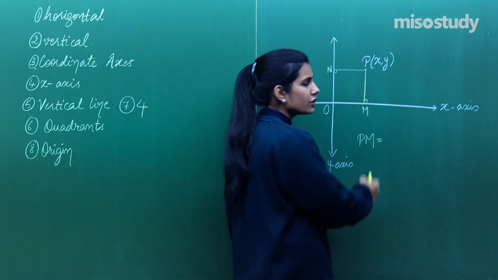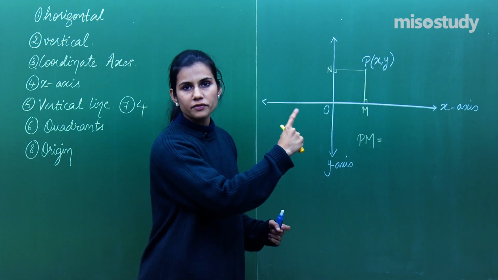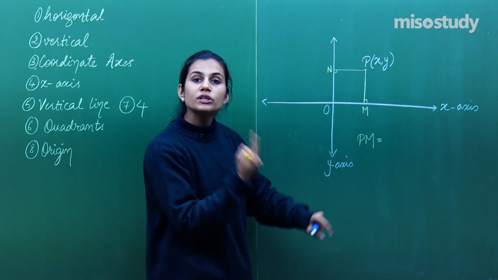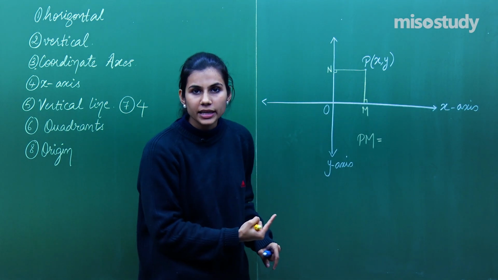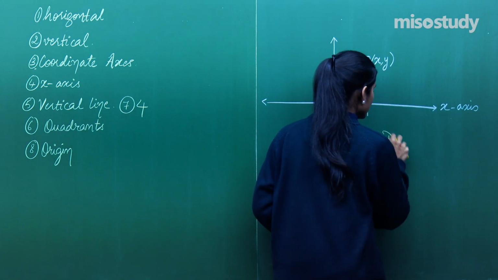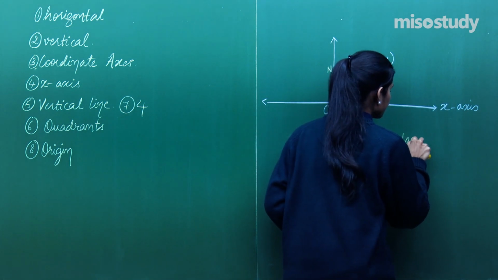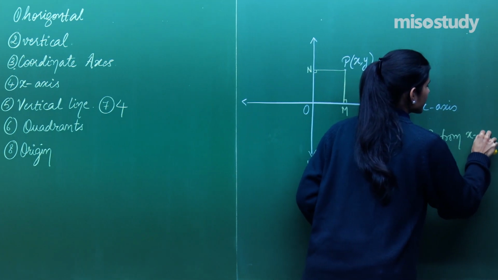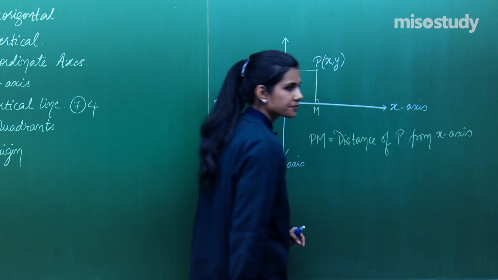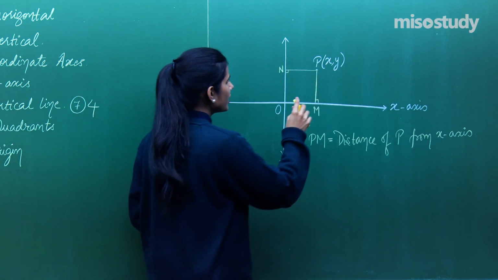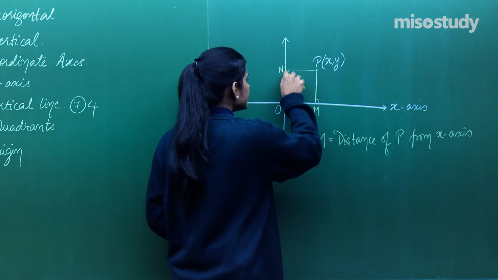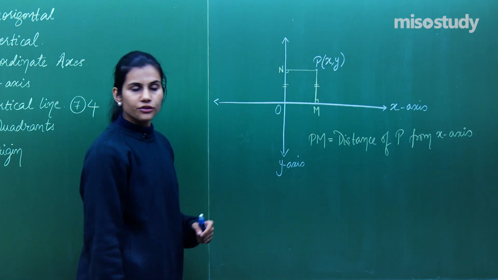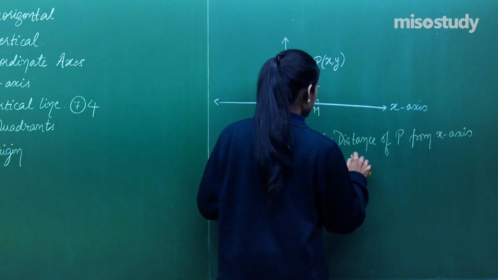The length of the line segment joining P and M is the distance of the point P from the x-axis. Whatever is PM, the same is ON, they both are going to be the same.